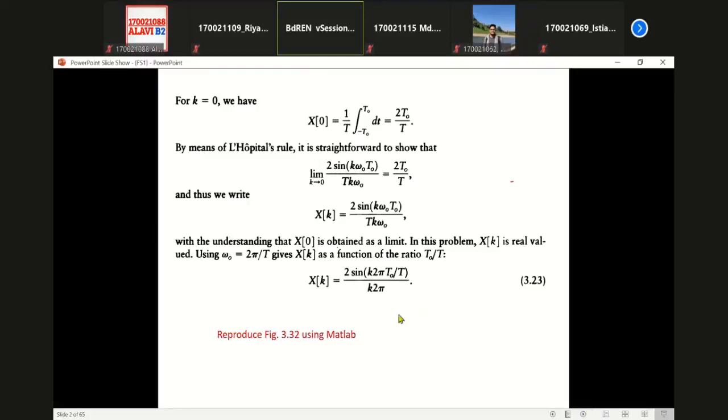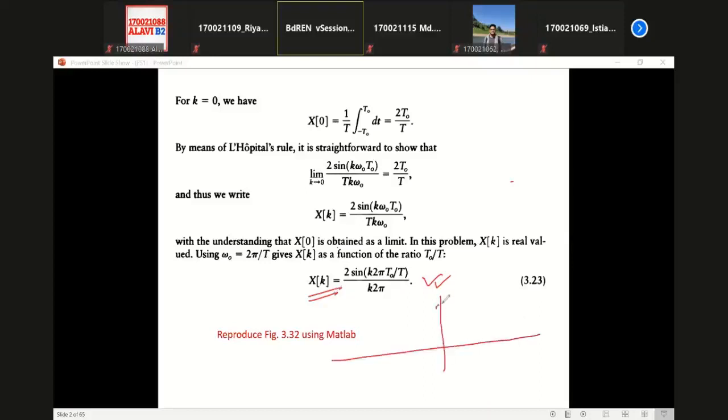All the things we have already discussed. So this is our final expression for our signal if we replace our omega 0 by 2 pi by t. Now this is a discrete function. It is not a continuous function because your k is discrete. So you can easily plot a stem figure in MATLAB.